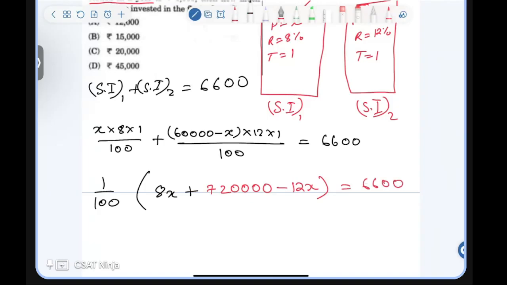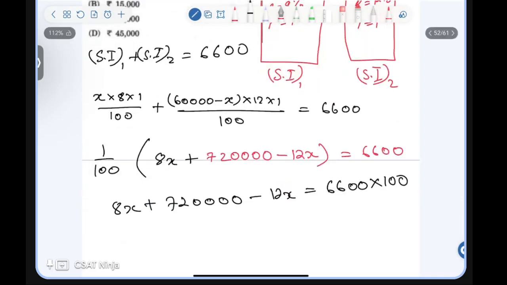Now I'll transfer this 100 to the other side. That means it will go to the numerator. That means 8x plus 7,20,000 minus 12x is equal to 6,600 into 100.